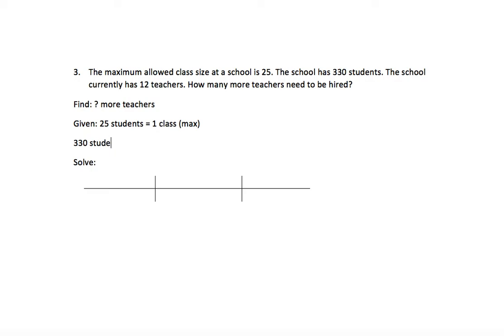So we need 14 teachers, and we currently have 12. So we subtract out the 12 teachers, and that, of course, gives us 2 new teachers that need to be hired.